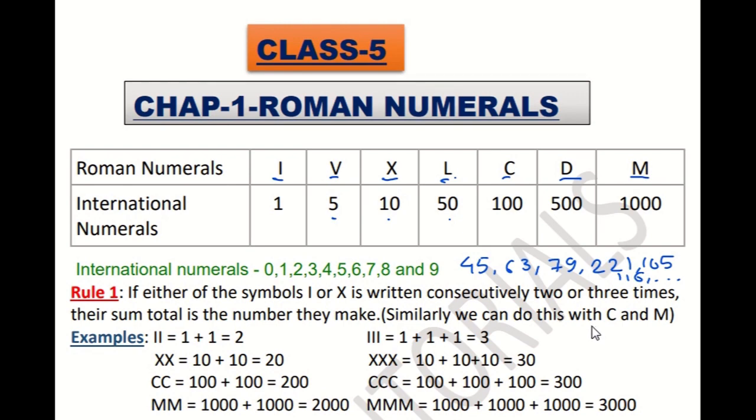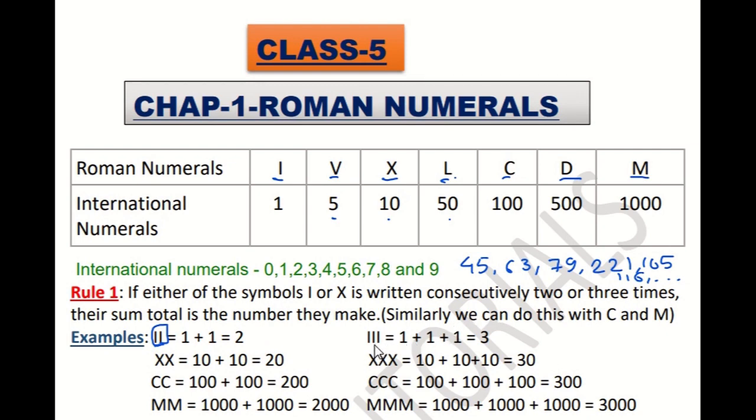Means if I or X, see, if they are repeated one by one, consecutively one after the other, so they will get add up and give you the total value. Like 2 times I, which is equals to, I stands for 1, so 1 plus 1 equals to 2.